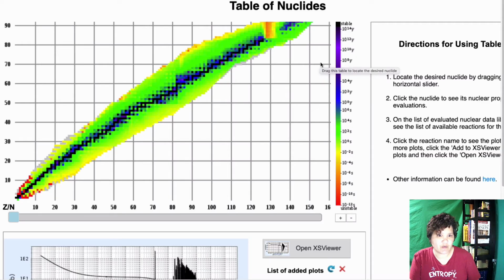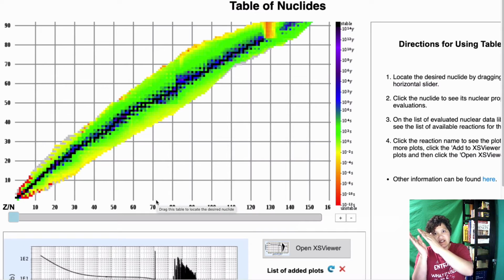A couple of weeks ago, we talked about the chart of the nuclides, or the table of the nuclides, and you remember that the x-axis here is the number of neutrons and the y-axis is the number of protons, and so there's this very narrow band where we see things actually existing.